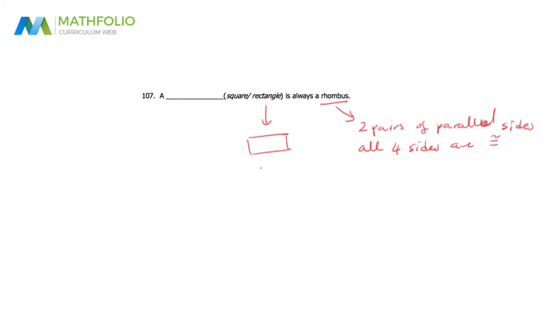So in fact, rectangles are types of parallelograms, whereas a square, if we just give it a push on the top, does give us a rhombus. So a square is in fact a rhombus because it meets these things here. It has two pairs of parallel sides and all four sides are congruent.